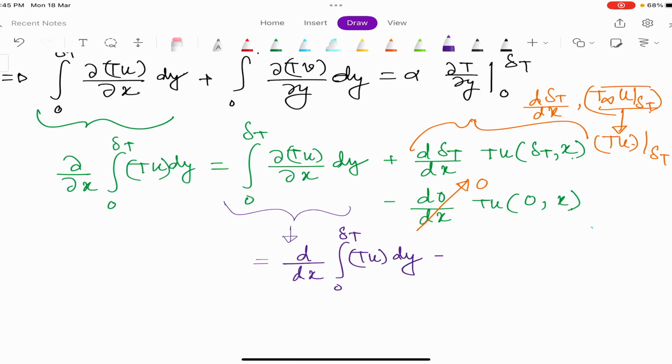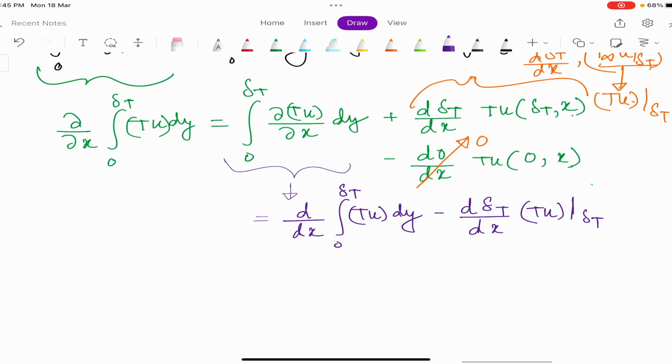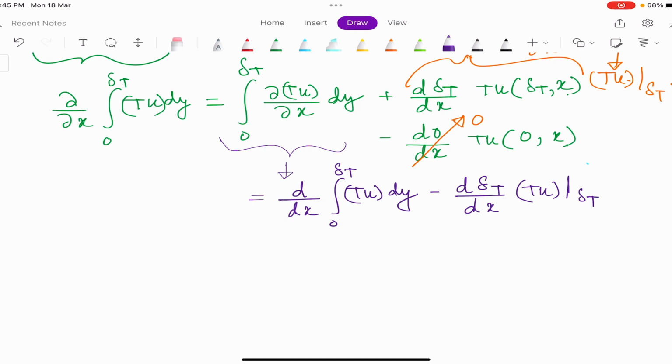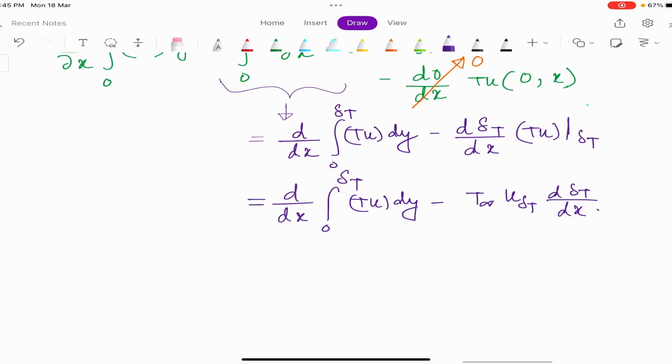This becomes d/dx of the integral of Tu dy minus T infinity u at delta t, x.